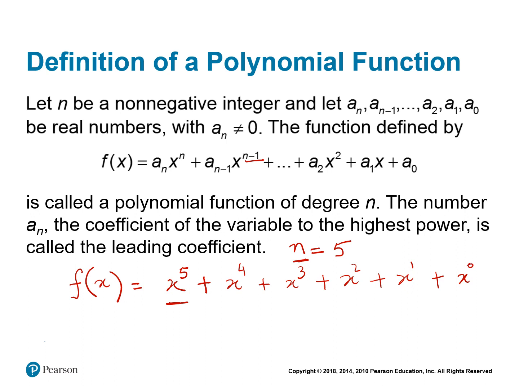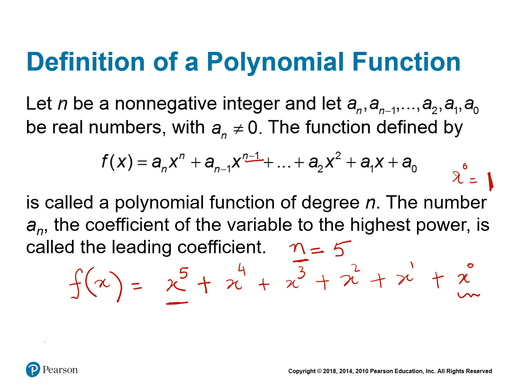Now mind you, any number or variable raised to the power 0, whether x to the power 0 or y to the power 0 or 2 to the power 0, is 1. That's why we do not see x in the last term of the polynomial often.